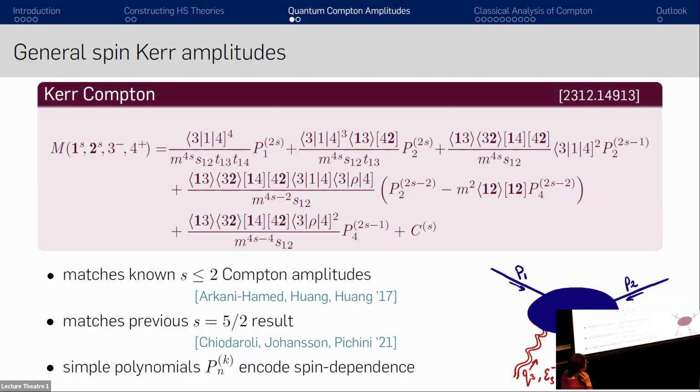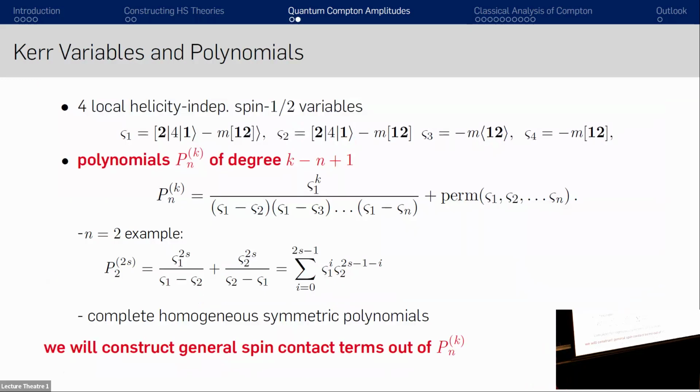And this amplitude matches the known Compton amplitudes that didn't have any problems up to spin 2. It matches a previous spin 5/2 result by these authors here. And as I said, you can encode all the spin dependence in these polynomials. These polynomials are polynomials in terms of spin variables, and these specific combinations here. I've just realized I'm missing a sign here. Sorry, there are some bugs.